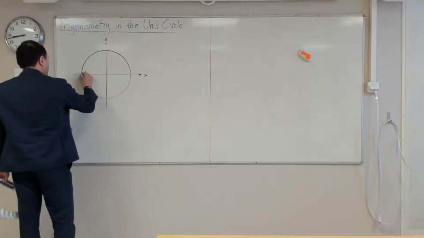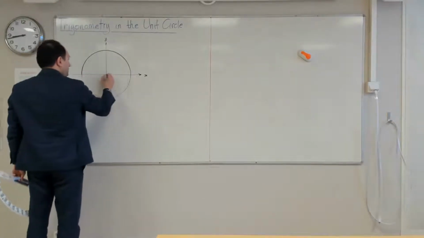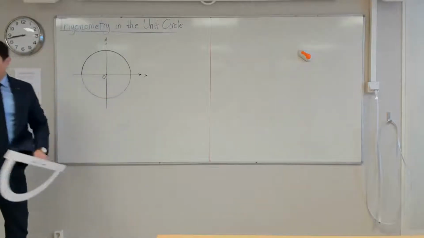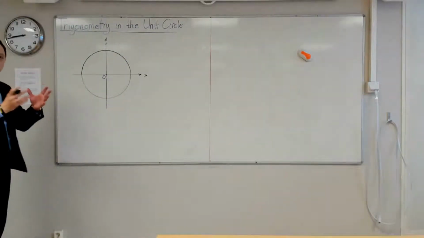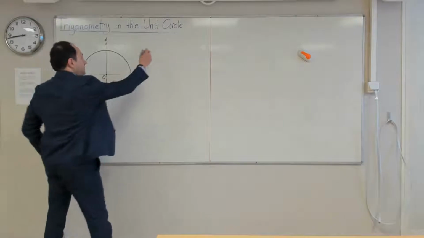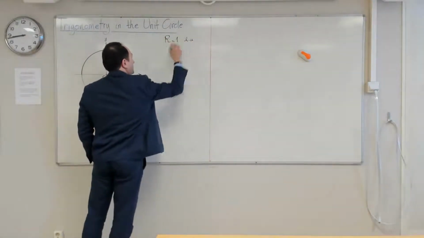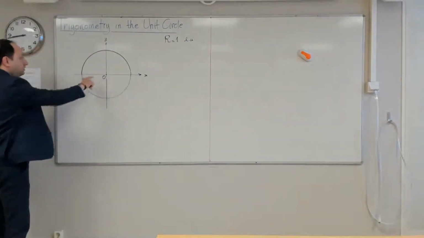The center is at the origin and the radius is 1 unit. This is in the definition of the unit circle. So let me write R for the radius. It is 1 length unit. And the center is the origin.